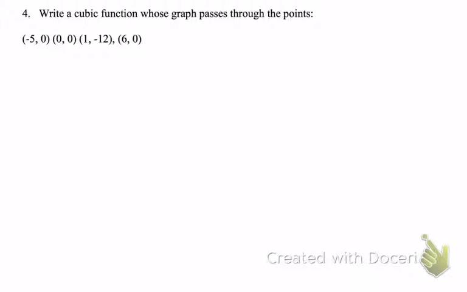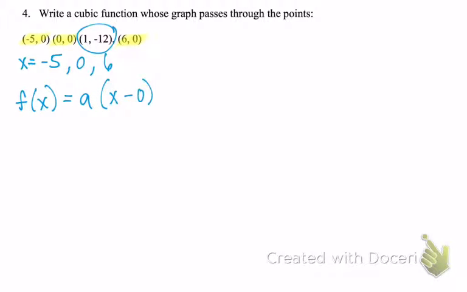Okay, last example, same kind of thing. So my x-intercepts are -5, 0, and 6. And this (1, -12) is going to be my point. So I have x equals -5, 0, and 6. If I were to write this in factored form, we have a(x minus 0)(x plus 5)(x minus 6).